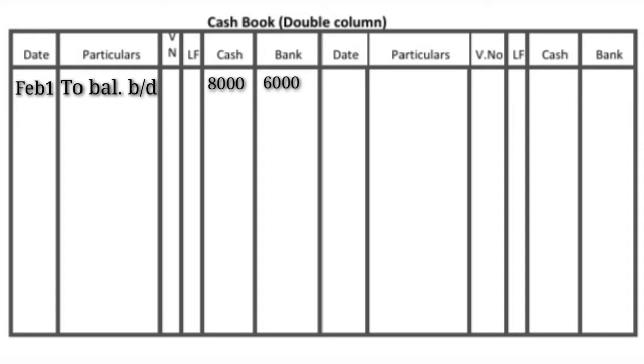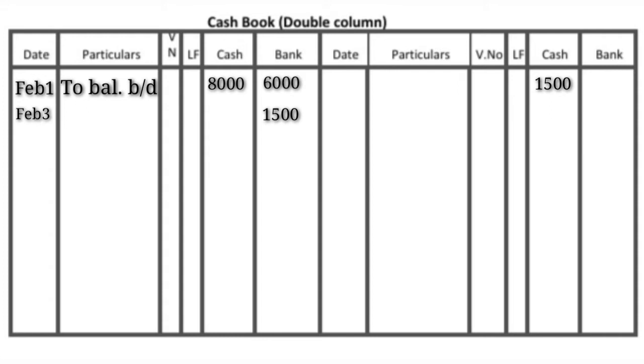So bank is increasing by 1,500. Where will we write? We will write here in the bank column 1,500, right? Bank is increasing and cash is decreasing, so we will write in the credit side, in the cash amount column, cash decreasing 1,500. So the bank column increasing 1,500 and the cash column decreasing 1,500, and the date February 3rd.